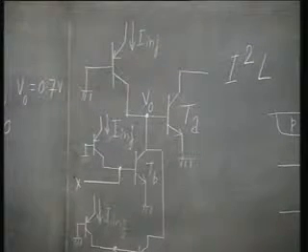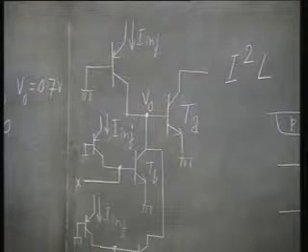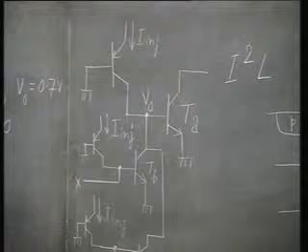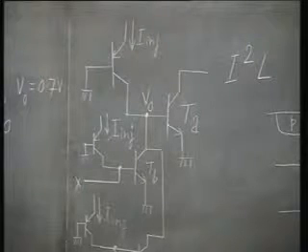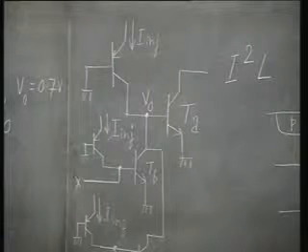So, actually V0 is nothing but the collector emitter voltage of a transistor in saturation, or V0 is nothing but VCE sat. What is VCE sat? 0.2.